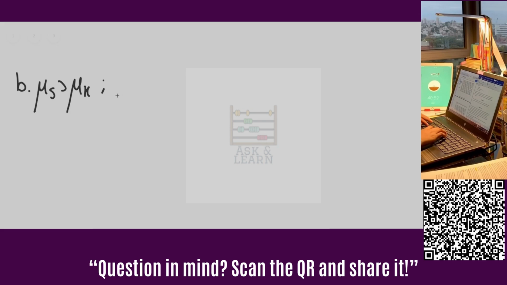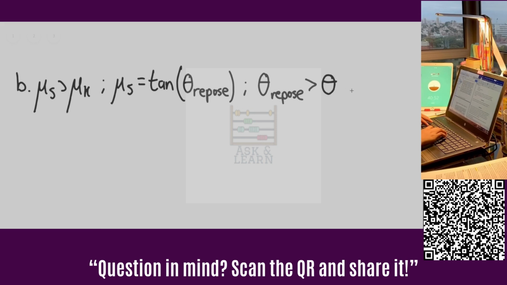That's the definition of the angle of repose. You can say that the coefficient of static friction is going to be equal to tangent of theta, the angle of repose. And so we expect that here the angle of repose is going to be greater than the angle found in part A.